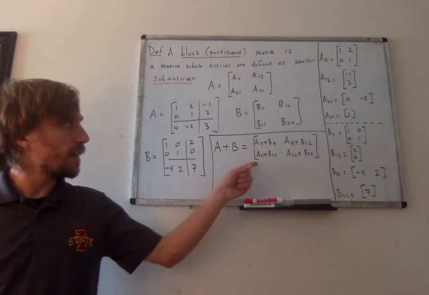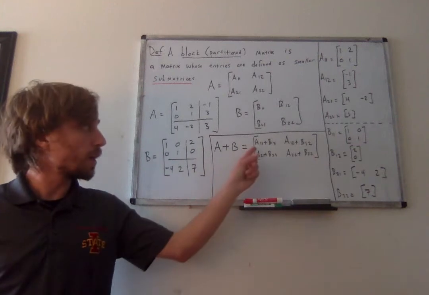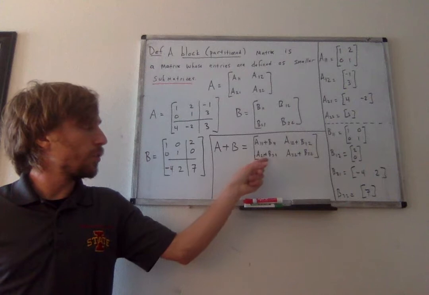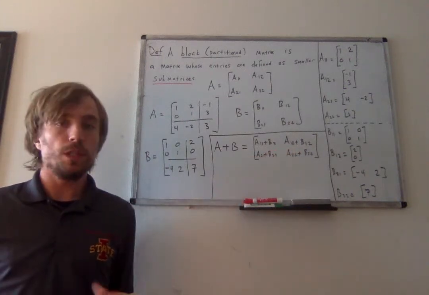So A plus B is a block matrix whose blocks are now A11 plus B11, A12 plus B12, A21 plus B21, A22 plus B22.